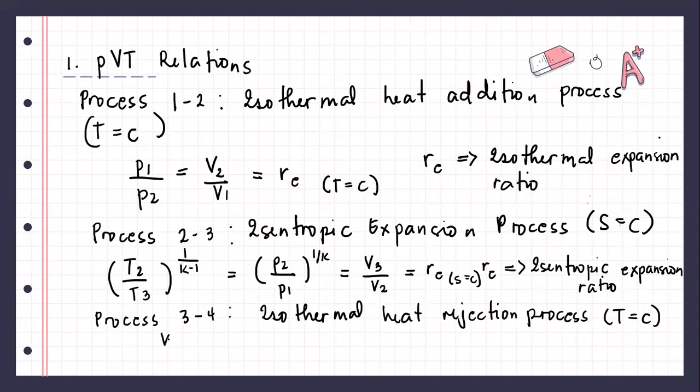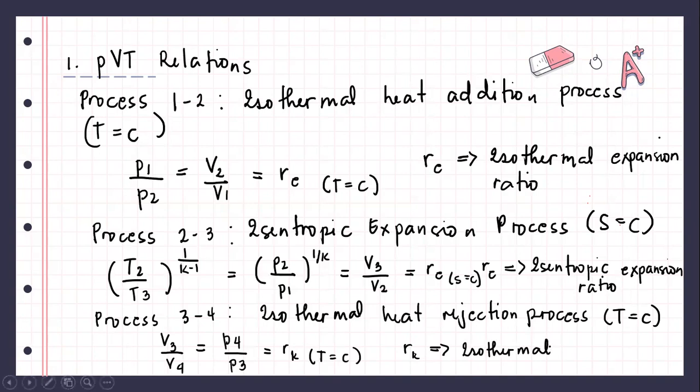We have V3 over V4, which is equal to P4 over P3. V here is volume, P here is absolute pressure, which is equal to RK at temperature constant. Okay, RK here is under process 3 to 4. This one is the isothermal compression ratio.